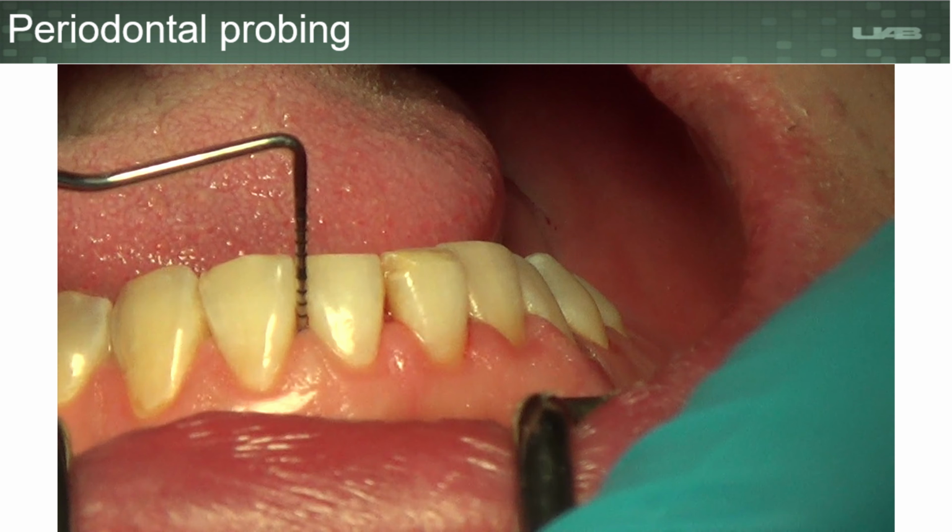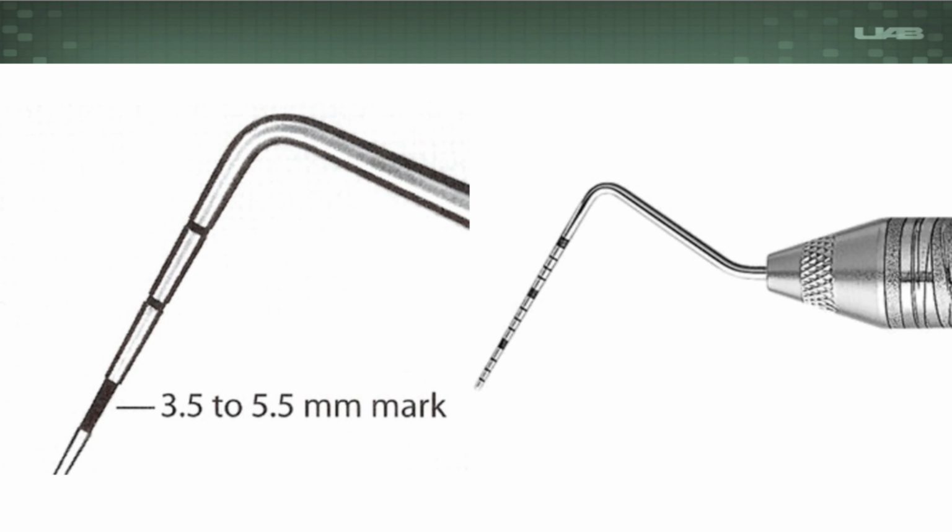So in your clinics, you use the PSR probe, and that really has markings on it that allow you to record these probing depths accurately. If you do a PSR measurement, you're basically trying to screen for a patient that may have disease or may have no disease.